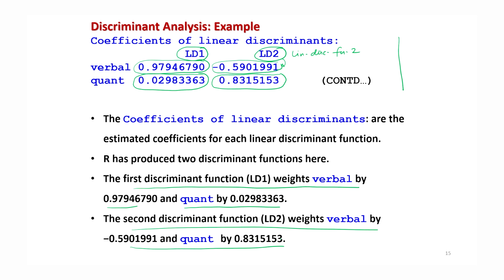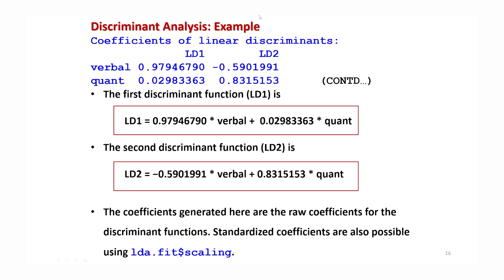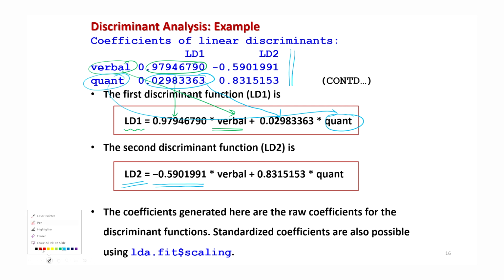Now I want to create how the linear function will look. Based on that, I can write down that LD1 is equal to 0.97 into verbal, coming from here, plus 0.298 into quant. Similarly, for LD2, the second linear discriminant function, LD2 is equal to minus 0.59, which is coming from here, into verbal, and then 0.831, which is coming from here, into quant.